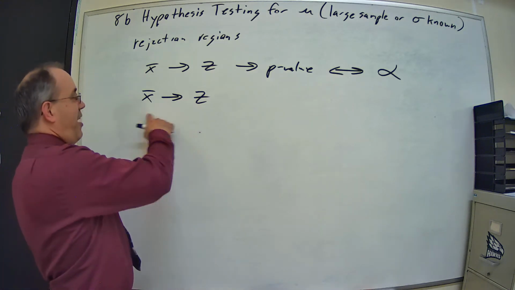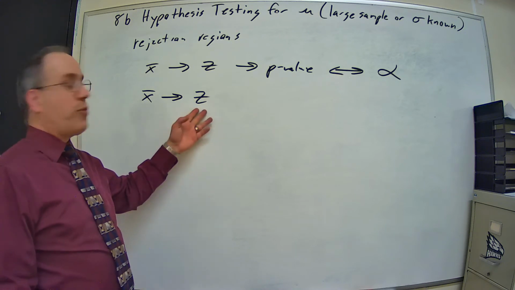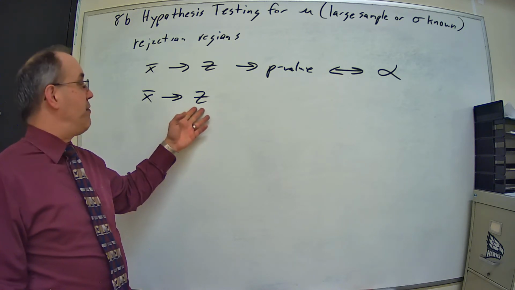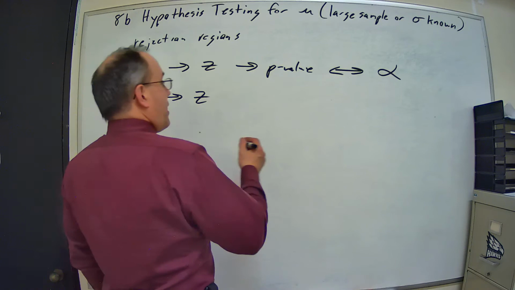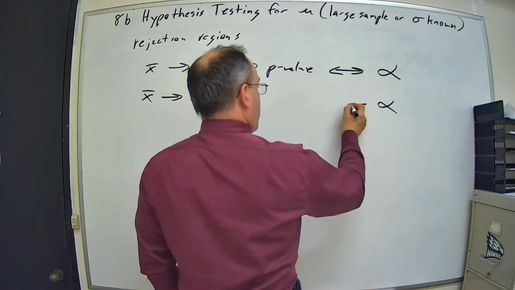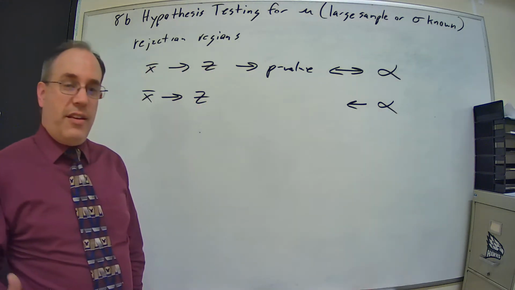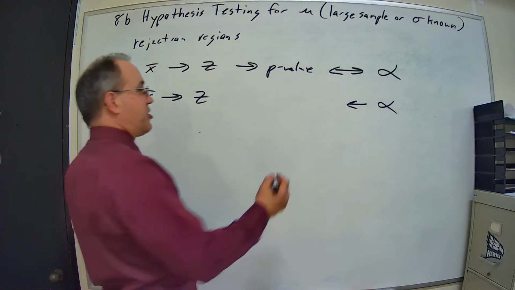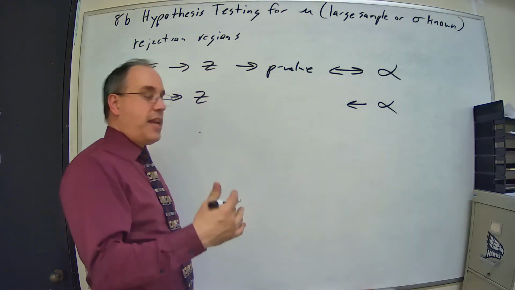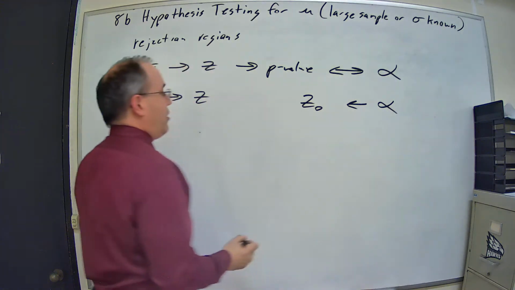So we just have to calculate z or t or chi-square, depending on which we're working with. So in this case, we're going to find z. And what we're going to do is take alpha and turn that into a z-score by doing a reverse table lookup, z sub 0.